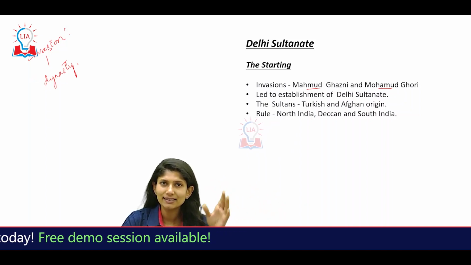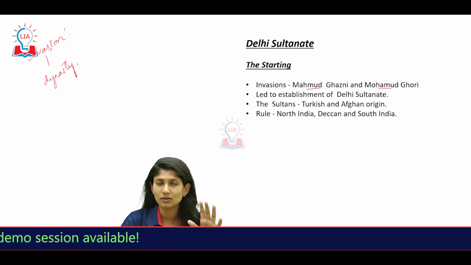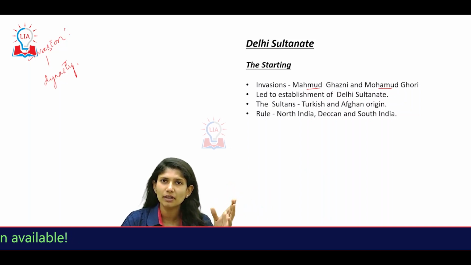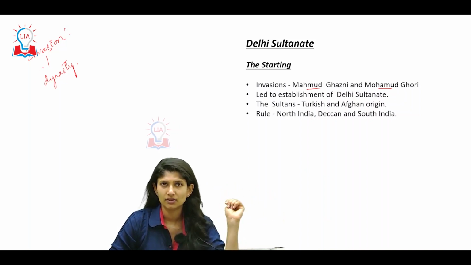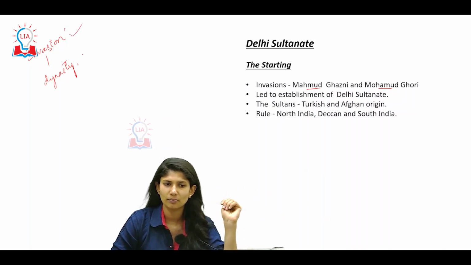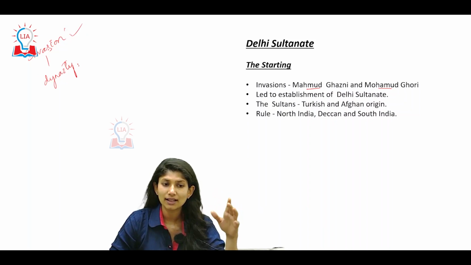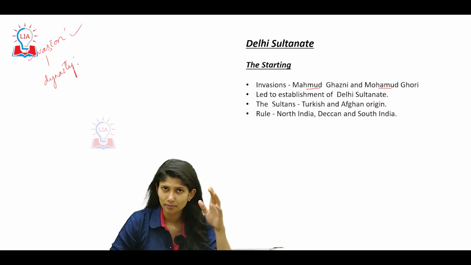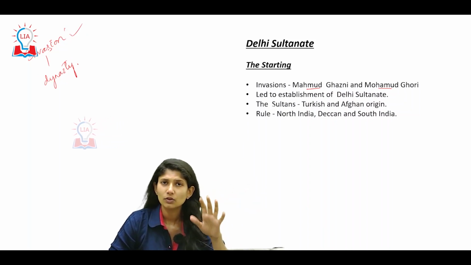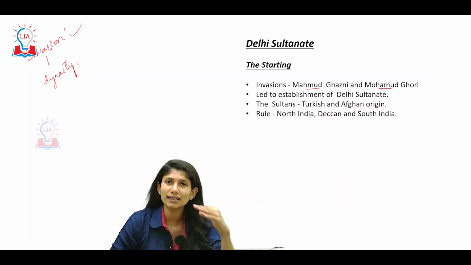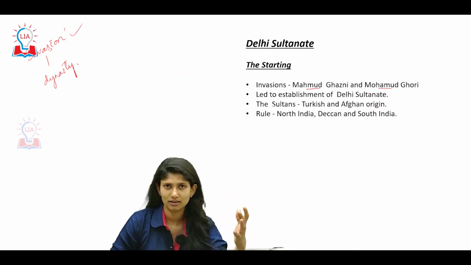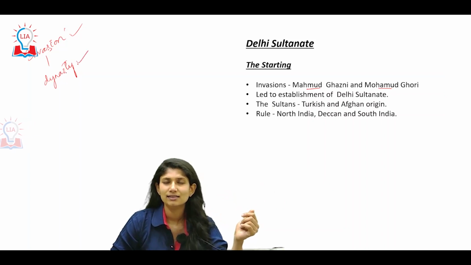They needed the riches from India. So they used to come into India, invade, plunder, take the loot and go back to their place. This is invasion. Whereas with respect to a dynasty of Delhi Sultans, yes, they came to India, but with no intention of going back to any other empire, but rather to set up a dynasty or empire in India and start ruling here. This is the dynasty.